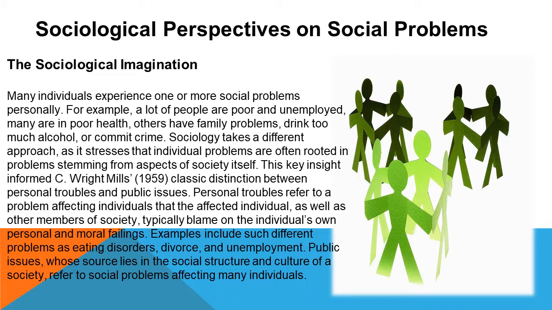Examples include such different problems as eating disorders, divorce, and unemployment. Public issues, whose source lies in the social structures and culture of a society, refer to social problems affecting many individuals.